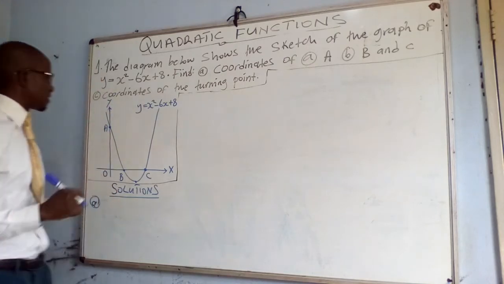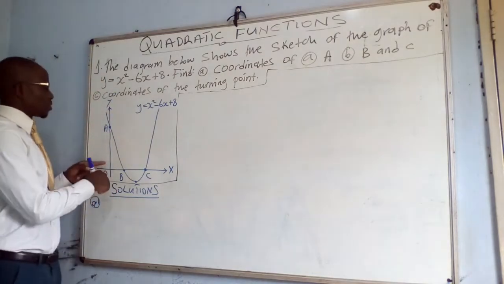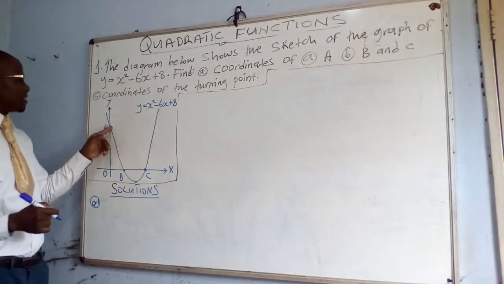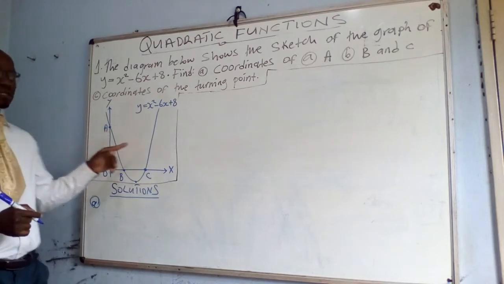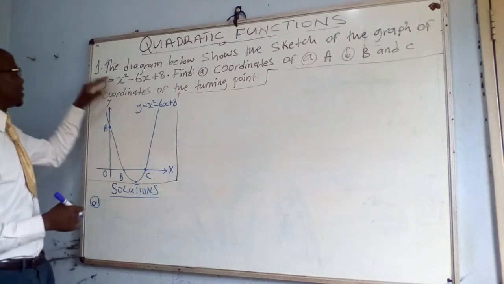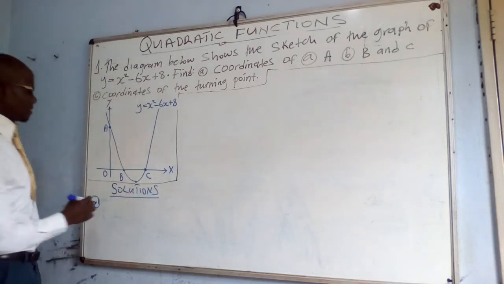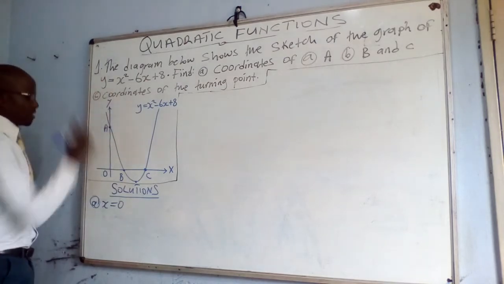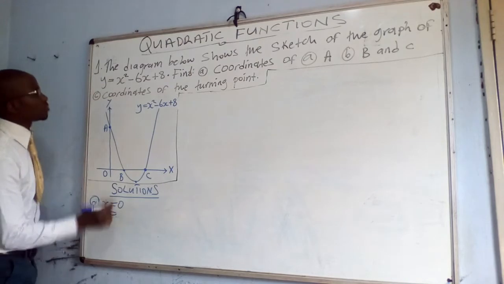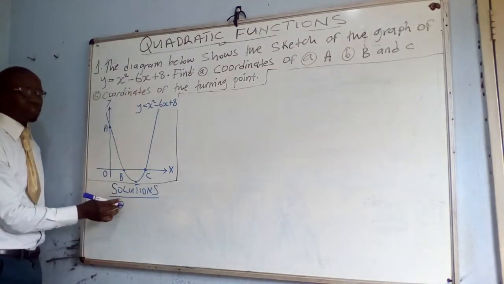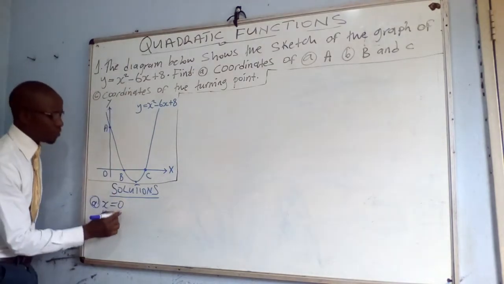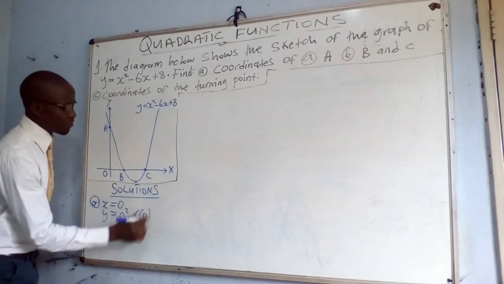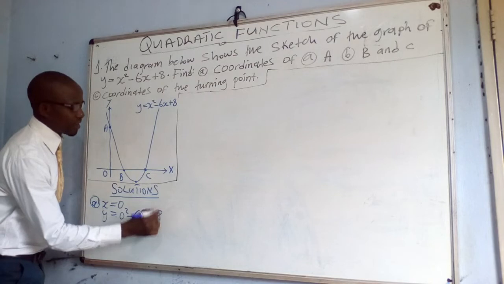One thing for a fact is that x is equal to 0 throughout the y-axis, meaning even at this point, x is equal to 0. You already have this function. Then y is equal to x squared minus 6x plus 8. Remember, x is equal to 0. So 0 squared minus 6 times 0 plus 8.